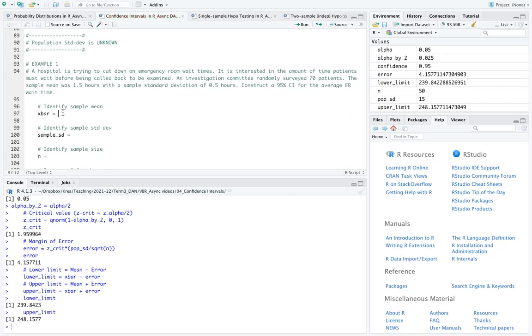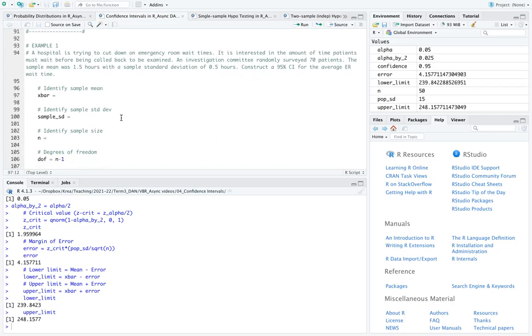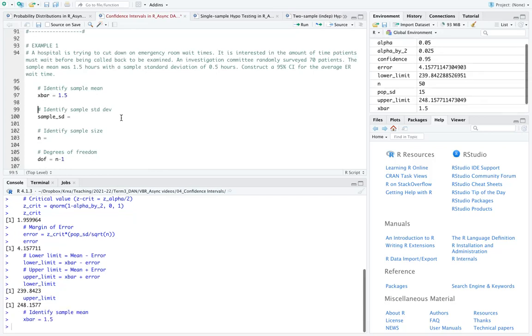Okay. So let's identify the key things we'll need. We'll need X bar, which is the point estimate. And to construct the margin of error, we'll need our t-stat. And for the t-stat, we need alpha values and we need the degrees of freedom. So for that, first let's identify all the information that we need. The sample mean is 1.5. Then the sample standard deviation is 0.5.